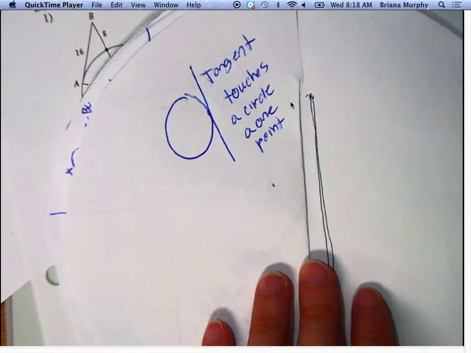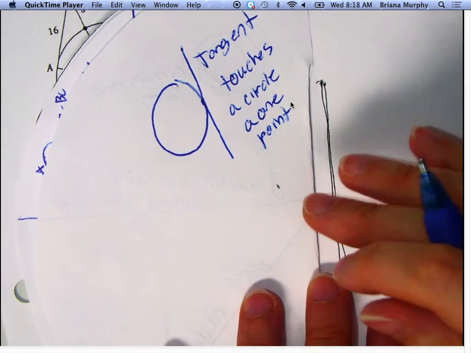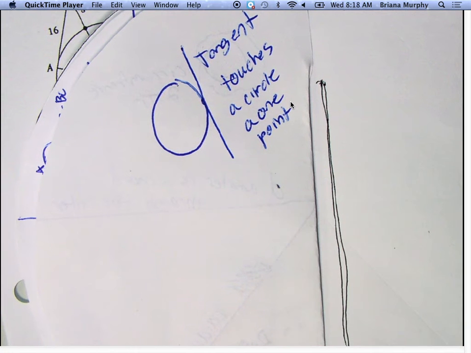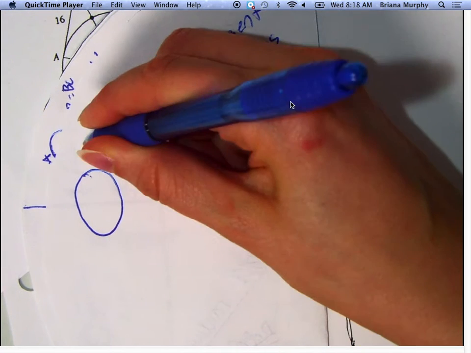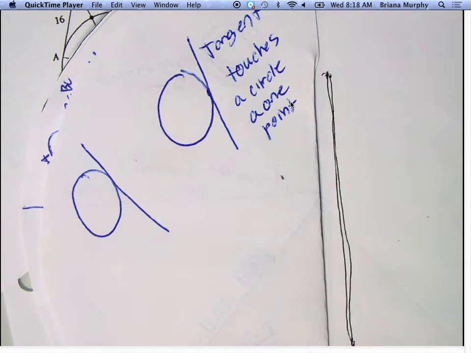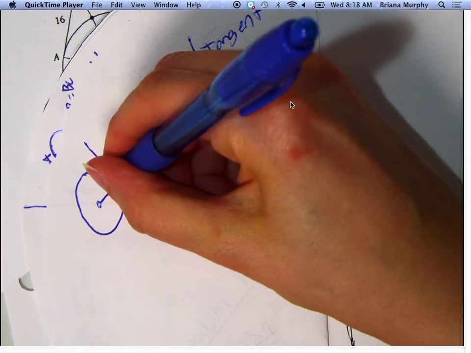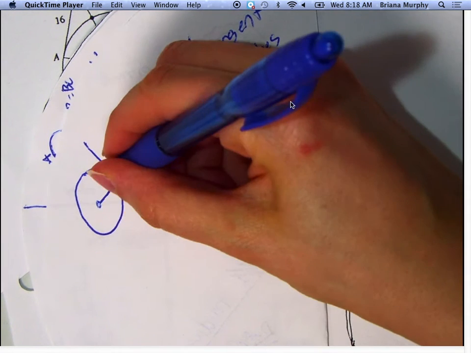Tangent touches a circle at one point. Next, a tangent meets a radius at 90 degrees.